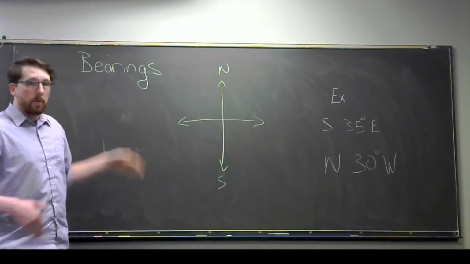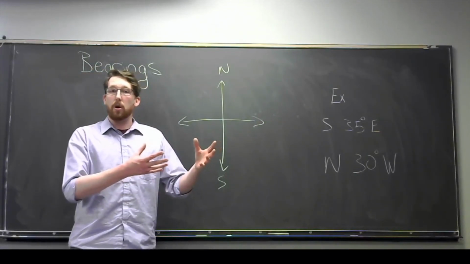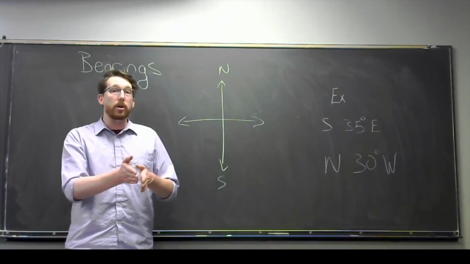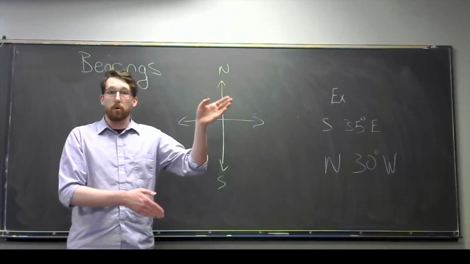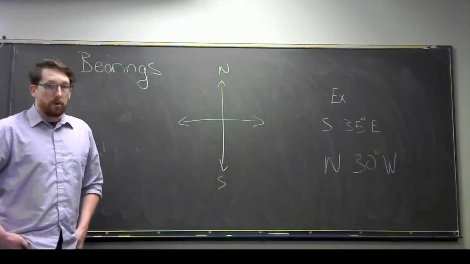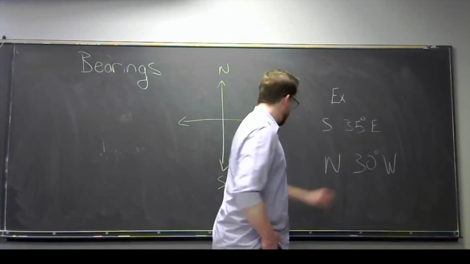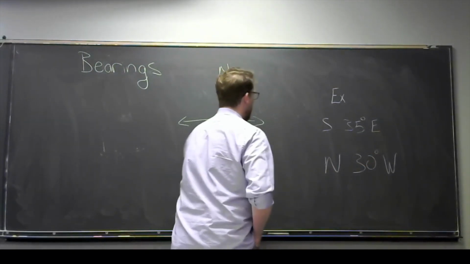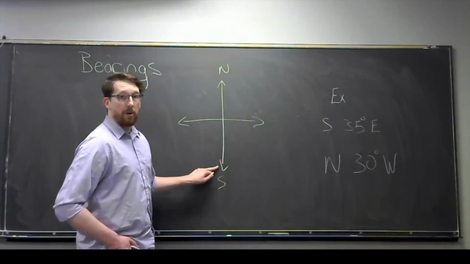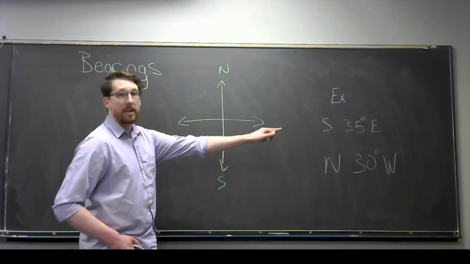Bearings. When people talk about bearings, what they're really just saying is a measure of where you're looking or where you need to go relative to north or south. So, for example, if I were to say south 35 degrees east, what I'm saying is measuring from south, we want to find the acute angle in the eastward direction.